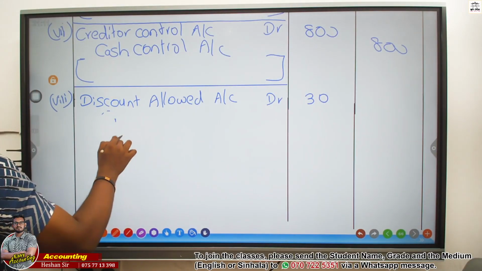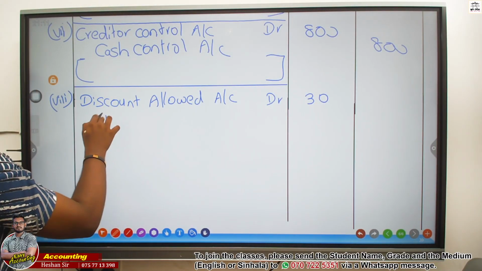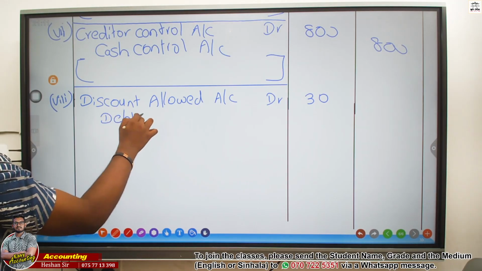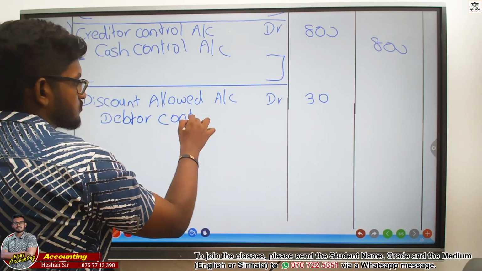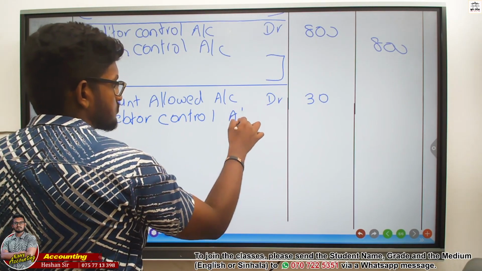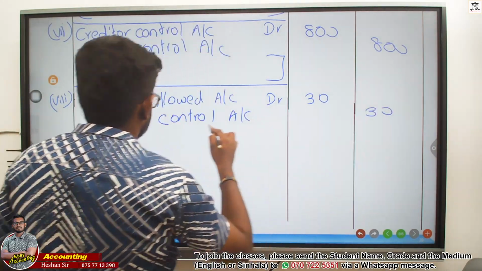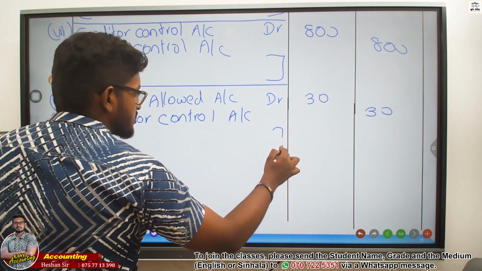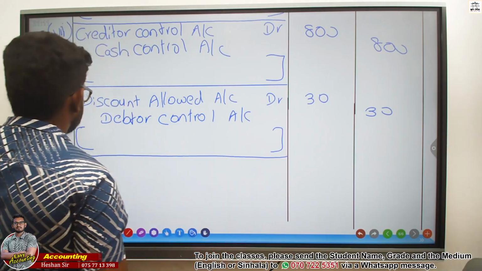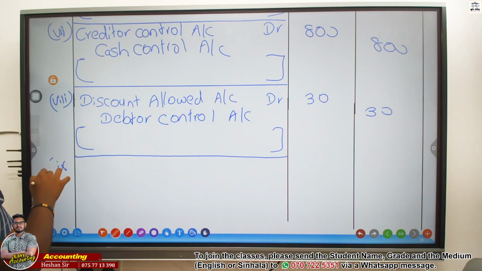Debtor control account credit 30. Number 9.